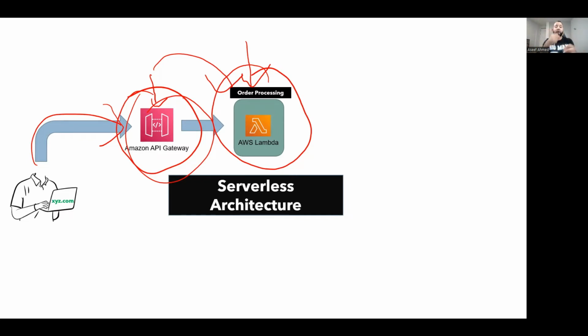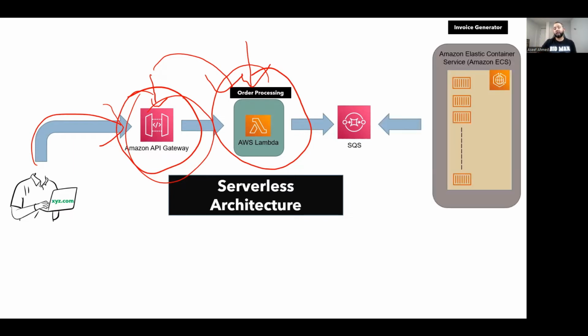It will do some processing and then store the processing details into SQS. Then we have another microservice, which I call the invoice generator. It runs on ECS as a container, and it will pick up that message from SQS.